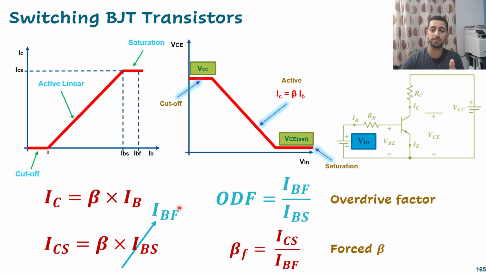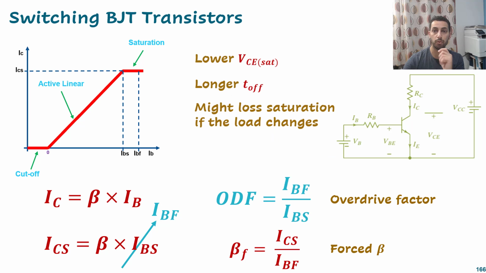So we have forced beta, and that beta is not anymore the beta that I got from the datasheet. No, it's a different one. Okay, the knowledge of forced beta is not really beneficial. It's just for calculation, just to know how much you consider your beta. Okay, so this is now how we drive our transistor and how we supply different values of base current to overdrive it and to push it into more saturation.